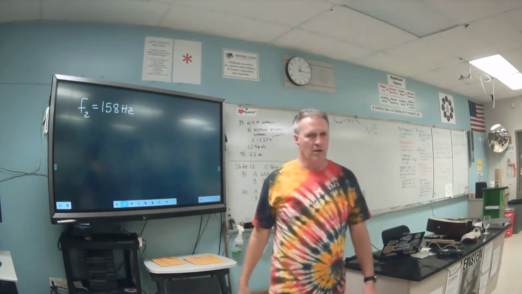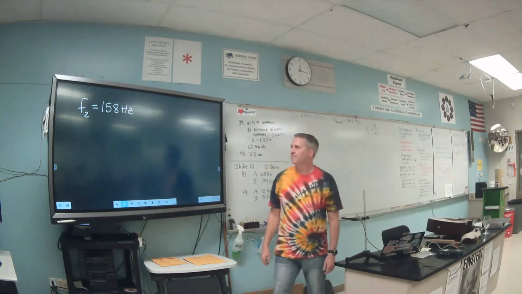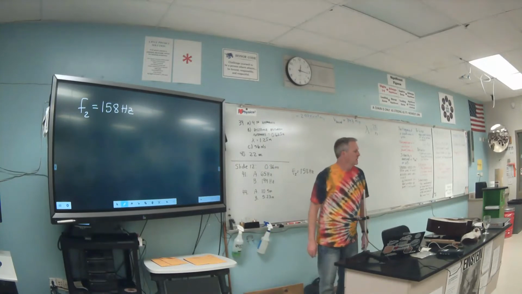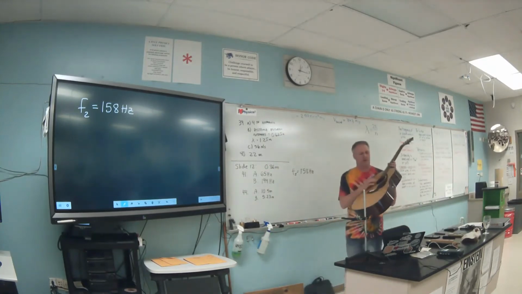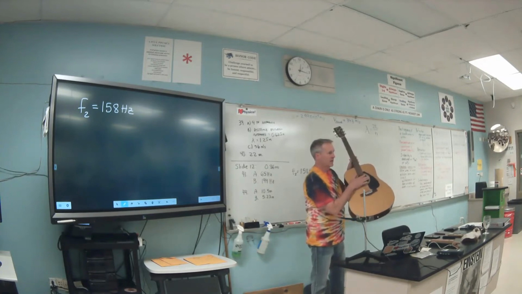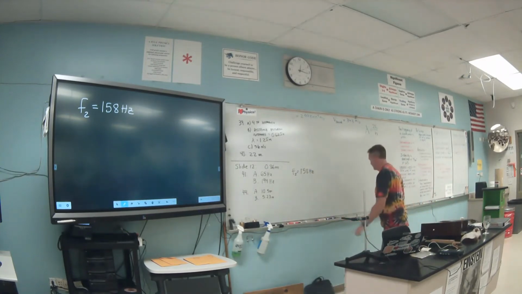Let me take a look at my video and make sure that you guys at home and the video should be able to see that well enough. I know that I plucked this string right here. I have a meter stick right here where I can measure the length of that string.